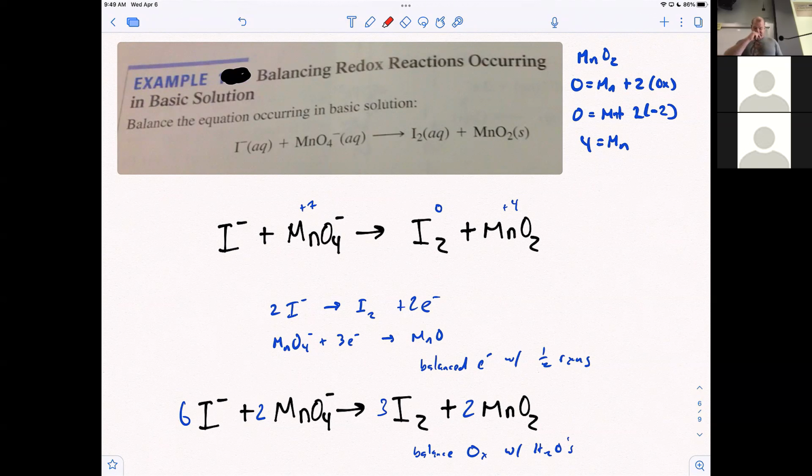Iodide goes from -1 to 0, so 2 iodides go to diatomic iodine and generate 2 electrons. Permanganate absorbs 3 electrons to go from +7 to +4 in manganese dioxide.